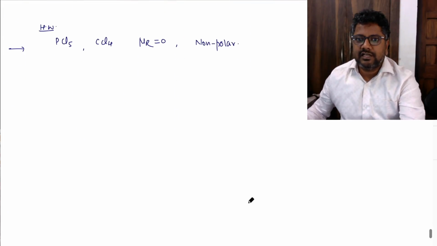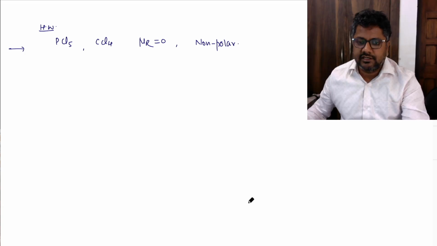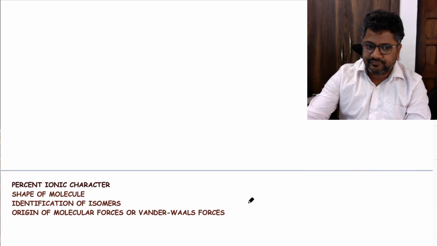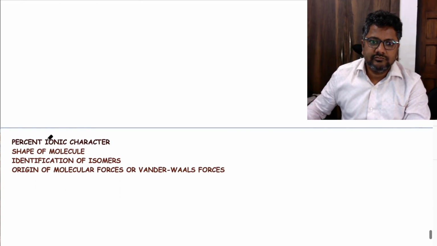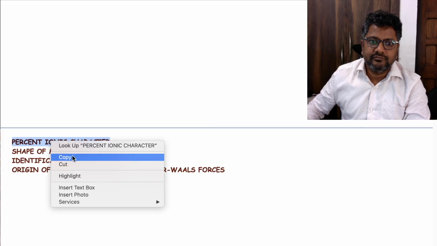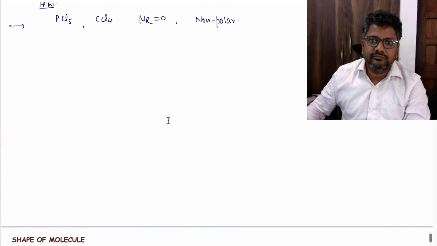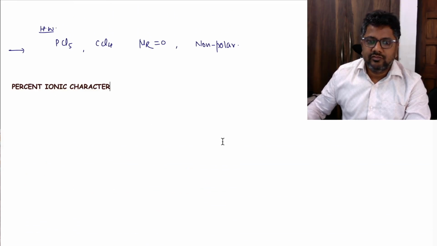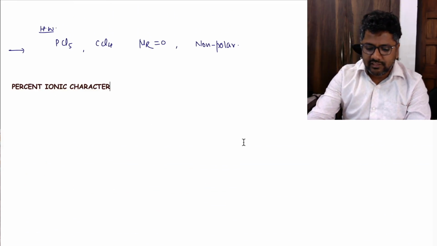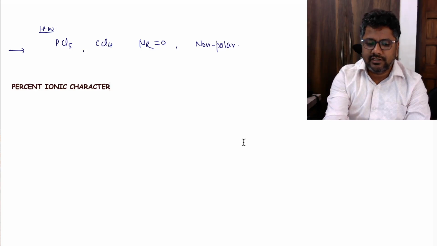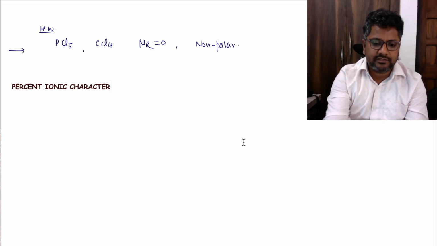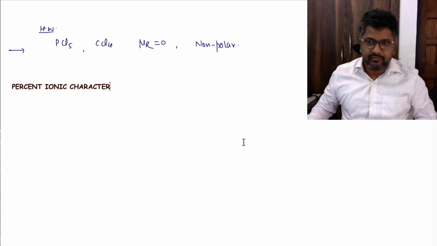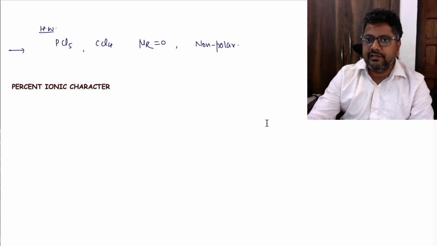Now see the percent ionic character. This is the second application. Percent ionic character you can calculate by using different formulas on the basis of this dipole moment.